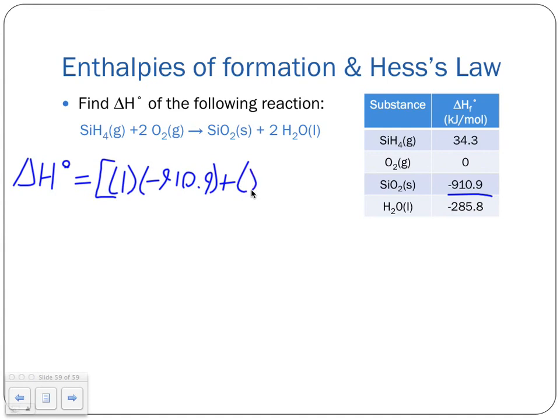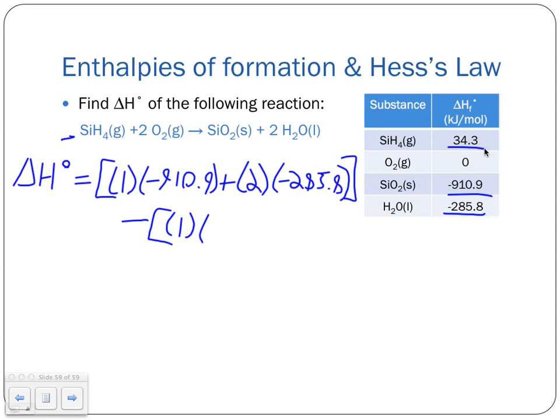Here we have a coefficient that's 2. So I'm going to put a 2 in there times H2O. H2O is negative 285.8, because I think we've seen that every time here. Close those brackets here, and we're going to subtract off of that our reactants. So our reactants are SiH4, and how many SiH4s do we have? Coefficient's 1 in this case, so we're going to put a 1 times SiH4.